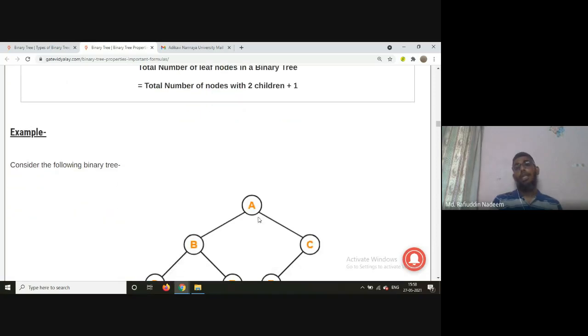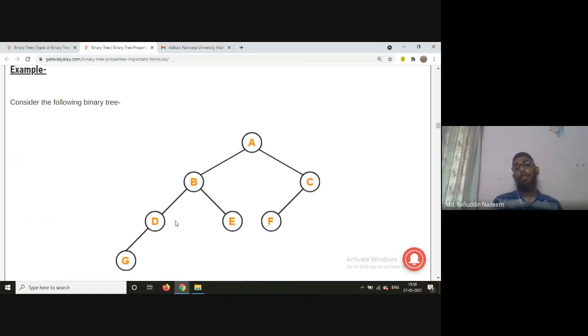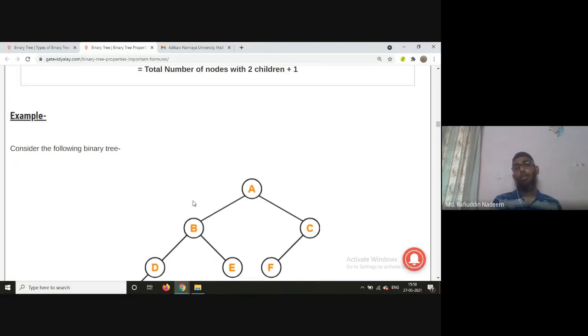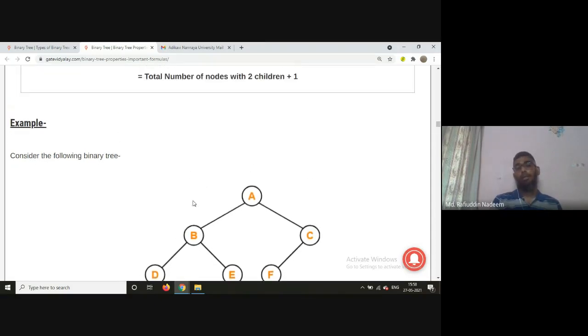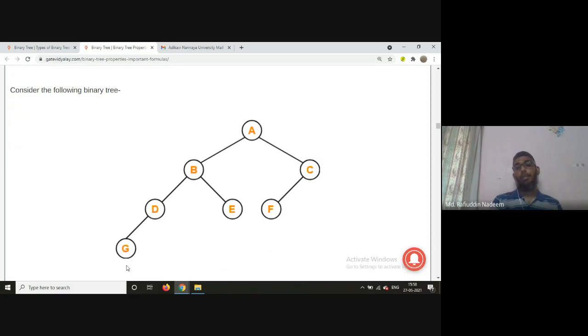So here A is a node which is having 2 children, so one node. B is a node which is having 2 children, that is 2 nodes. So the count is 2 plus 1 is 3. So it should have 3 leaf nodes. Let us check whether it is having 3 leaf nodes or not. G is a leaf node, E is a leaf node, and F is a leaf node.